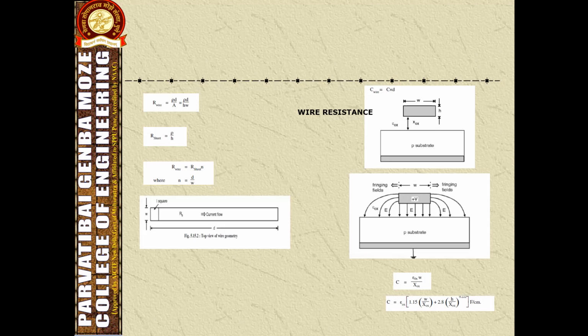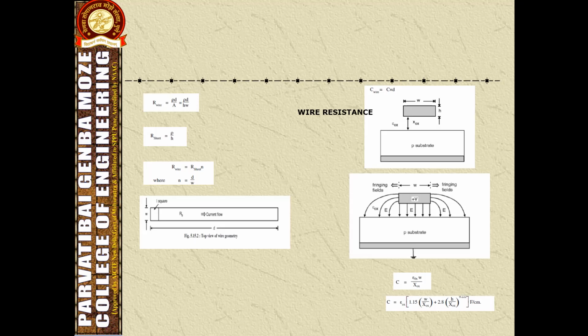Although this expression can be used directly, a more useful formulation for use in chip design is based on the sheet resistance R sheet, which is given by R sheet equal to rho by H. The sheet resistance is useful as it can be directly measured on a test structure in the laboratory.